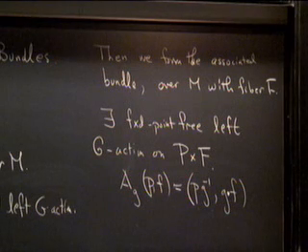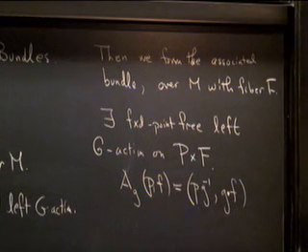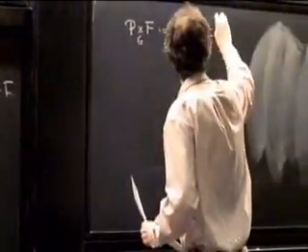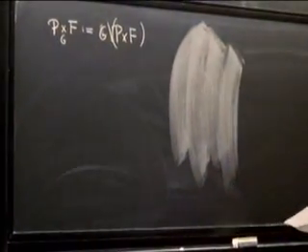Now, this being fixed point free, we can take the quotient, and that defines the associated bundle. It's usually written this way. P crossover G F is by definition the quotient space of P times F by this equivalence relation.